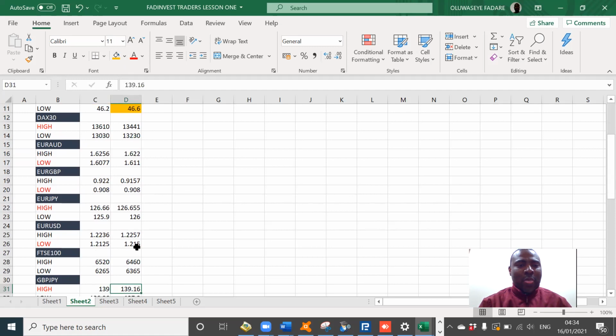Another sample is, let's take Euro USD. Look at here, we have 1.2257, which is higher than 1.2236. So we choose high here, and this is 1.215, which is higher than 1.2125. So that means our day one will be low.